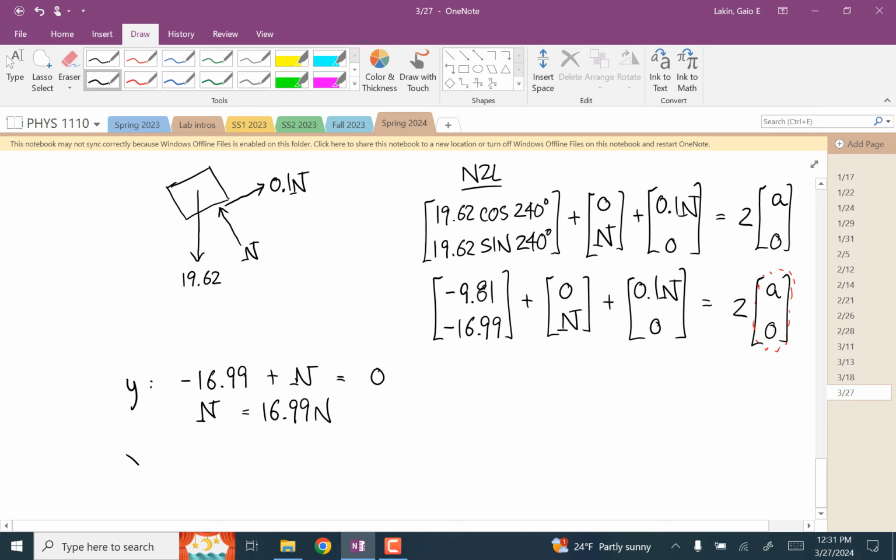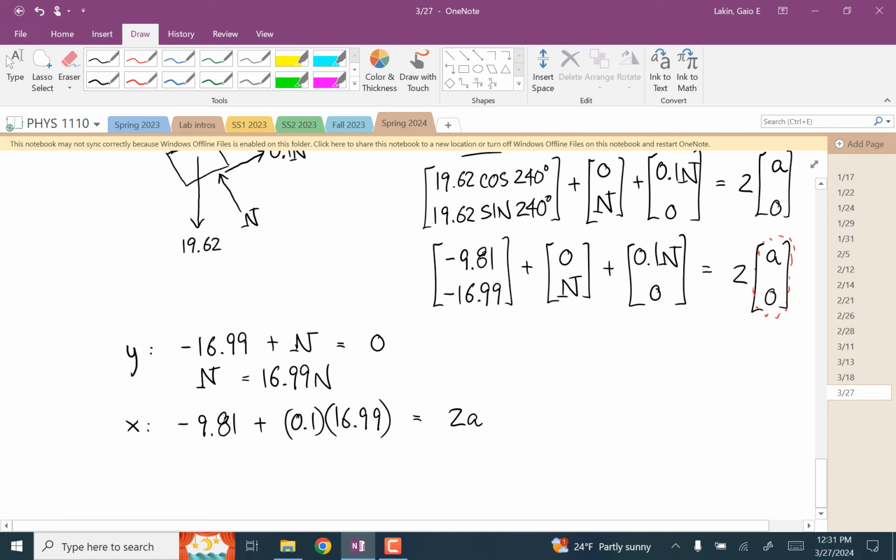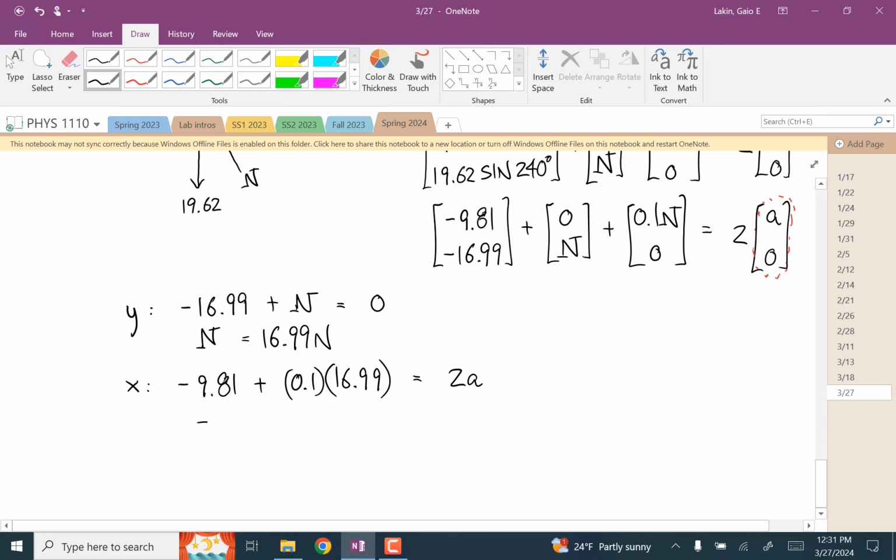And now we'll go to the x equation and plug in the n value we just figured out. So the x equation says negative 9.81 plus 0.1 times 16.99 is equal to 2a. So negative 9.81 plus 0.1 times this is negative 8.11 if you round it, and that's equal to 2a.